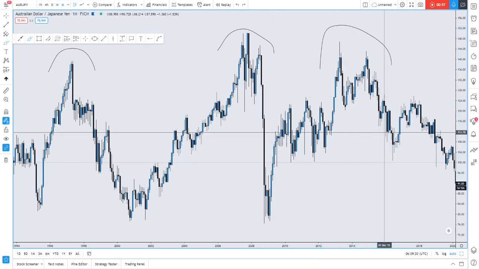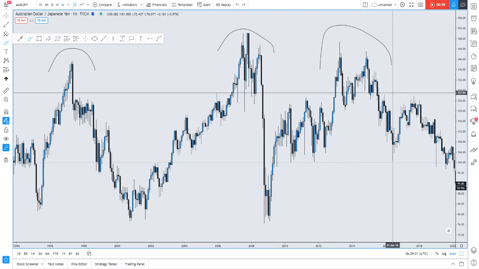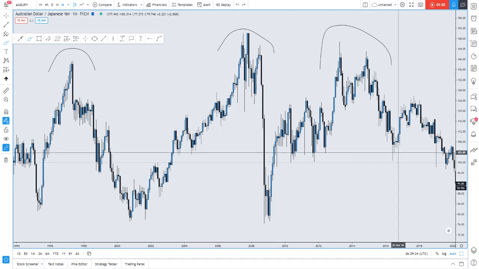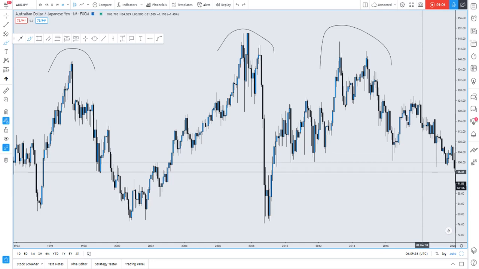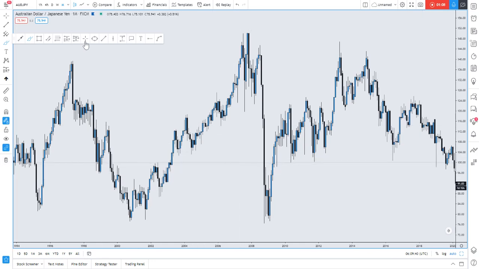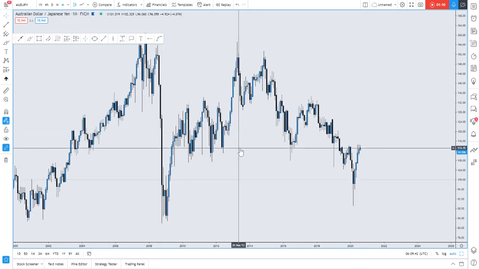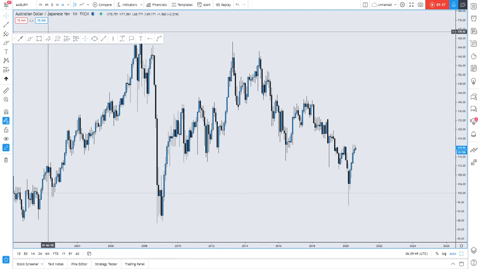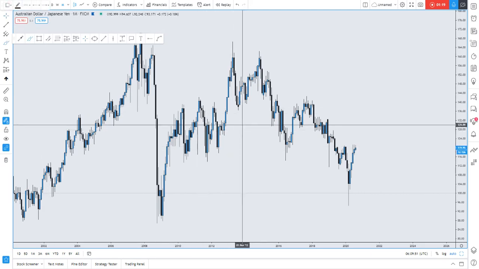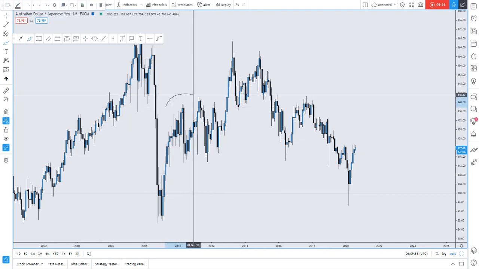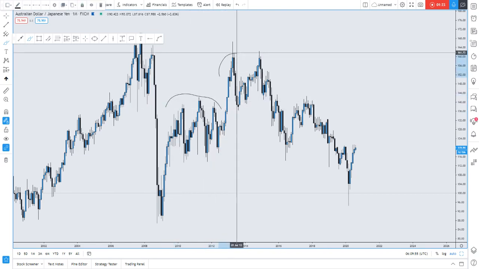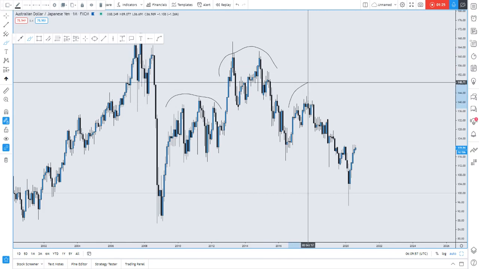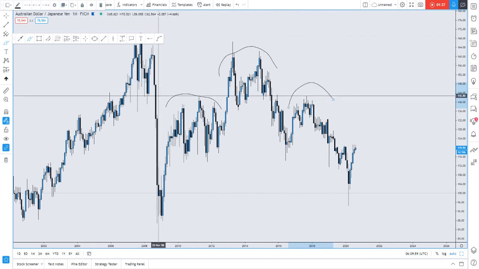I would try as much as possible to concentrate on what is happening on my right rather than what's happening on my left. So deleting all of that, I can now move forward. I just had to show that we had a major head and shoulders on the pair. Down to the relevance here now, looking at this area, you can see we also have a head and shoulders pattern right here.